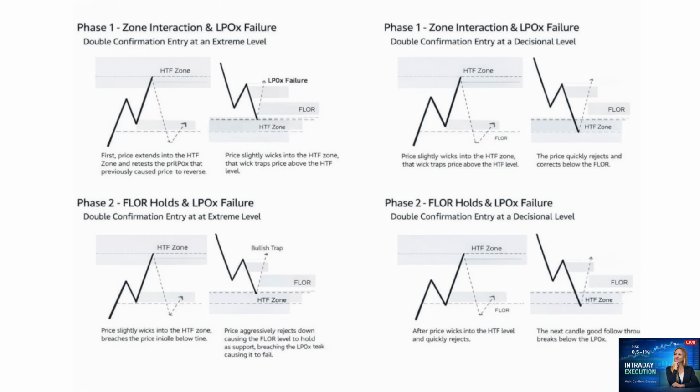And the final example: the demand to supply flip, or the decisional level, doesn't sweep liquidity and therefore is more than likely to be used as structural liquidity. Also, because the extreme has not swept liquidity, the extreme is also part of a supply chain.